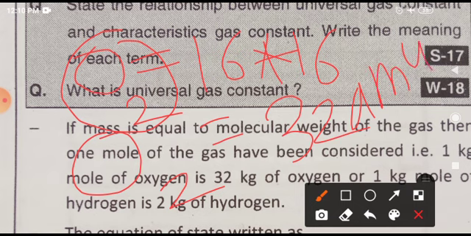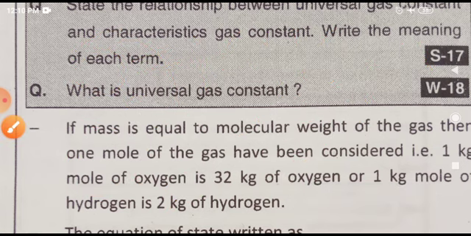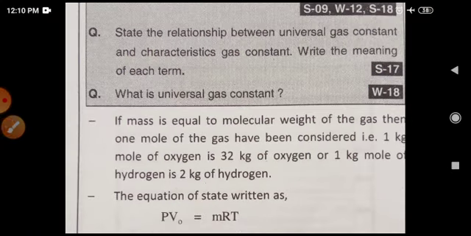The atomic mass is measured in atomic mass units. Since the oxygen compound has 32 atomic mass units, its molar mass will be equal to 32 kg.